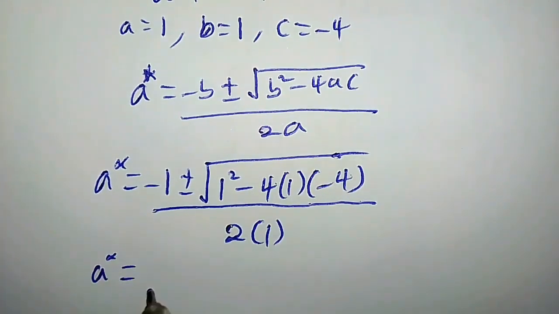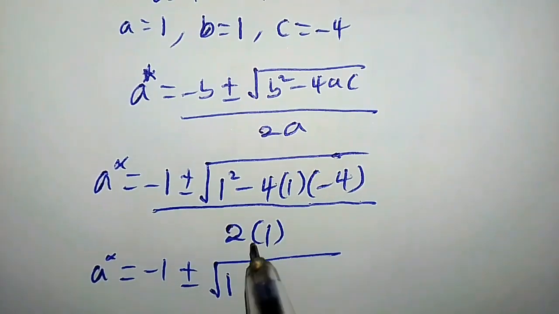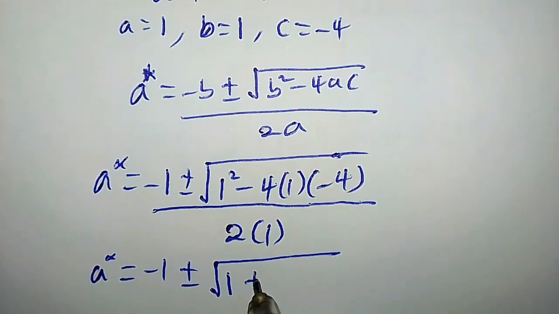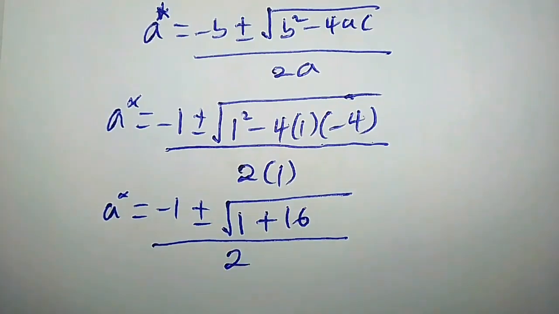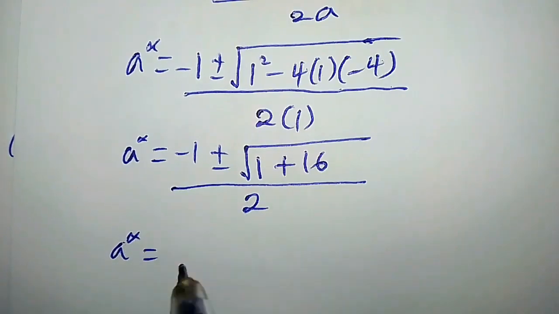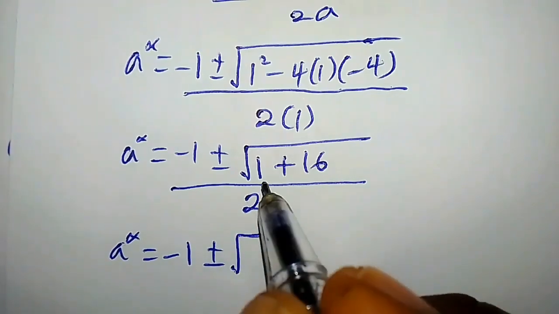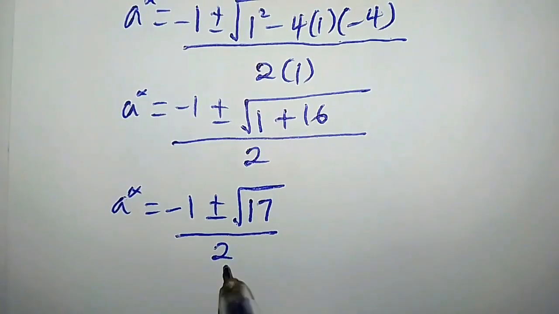A star is equal to minus 1 plus or minus square root of 1 square, that is simply 1, minus 4 times 1 times minus 4, that is plus 16, all over 2 times 1, 2. So A star is equal to minus 1 plus or minus square root of 1 plus 16, that is 17, over 2.